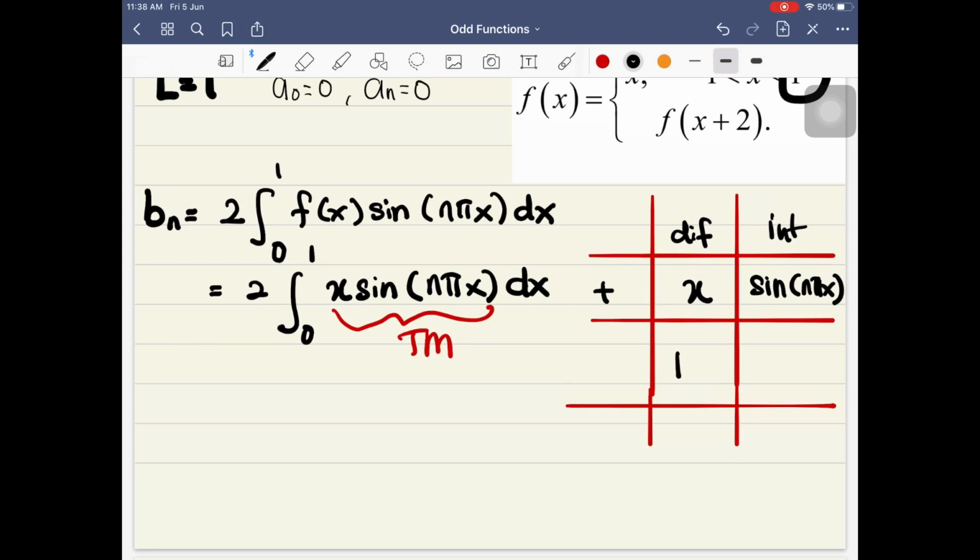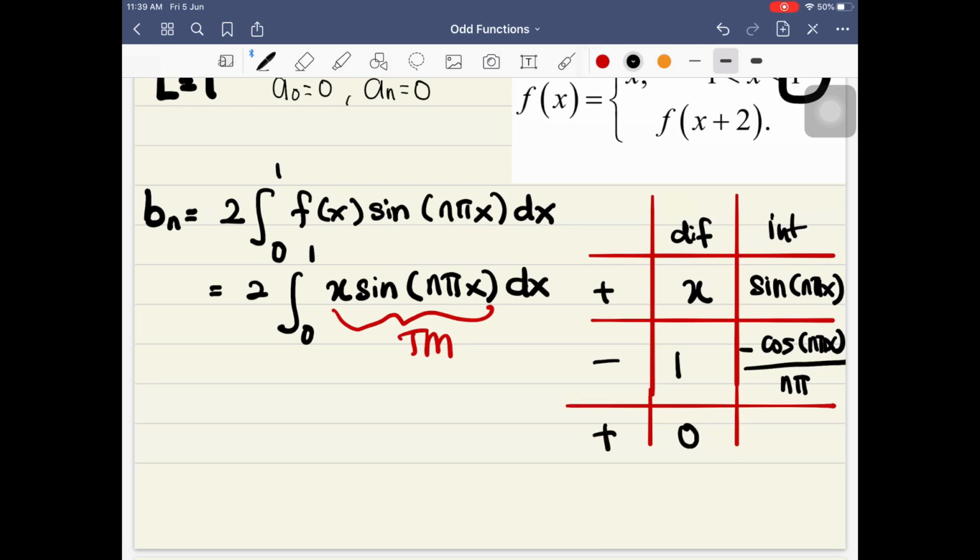Integrate sine, negative cos n pi x over n pi. Remember you cannot cancel out this one and this one. Why? Because this n pi is not in this bracket. The last one is 0.